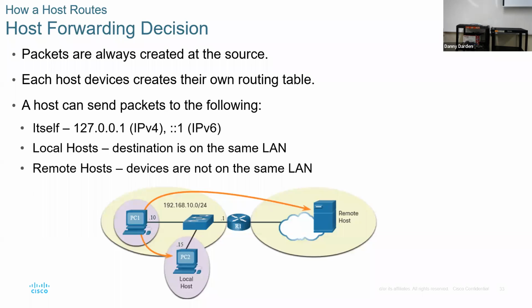So is the remote host feeding the cloud, or is it going straight to the router? What's happening in this picture is the packet from the remote host is going through router after router after router, and eventually it gets to the router that's connected to my router.